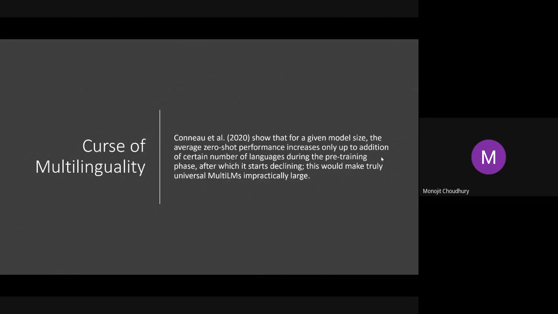So in other words, building a true universal language model would be practically impossible, because you need a very large neural model, and you will need a lot of data to train it for a lot of languages, right?